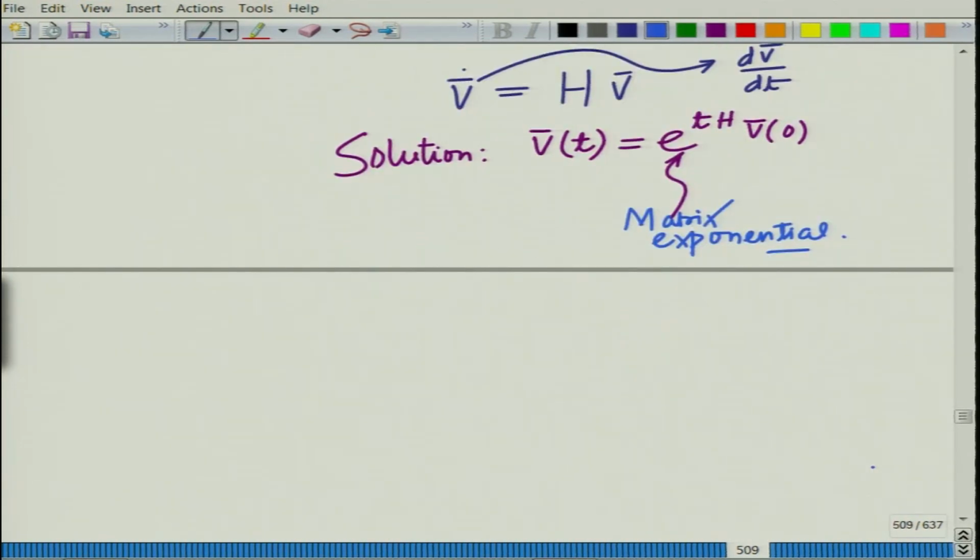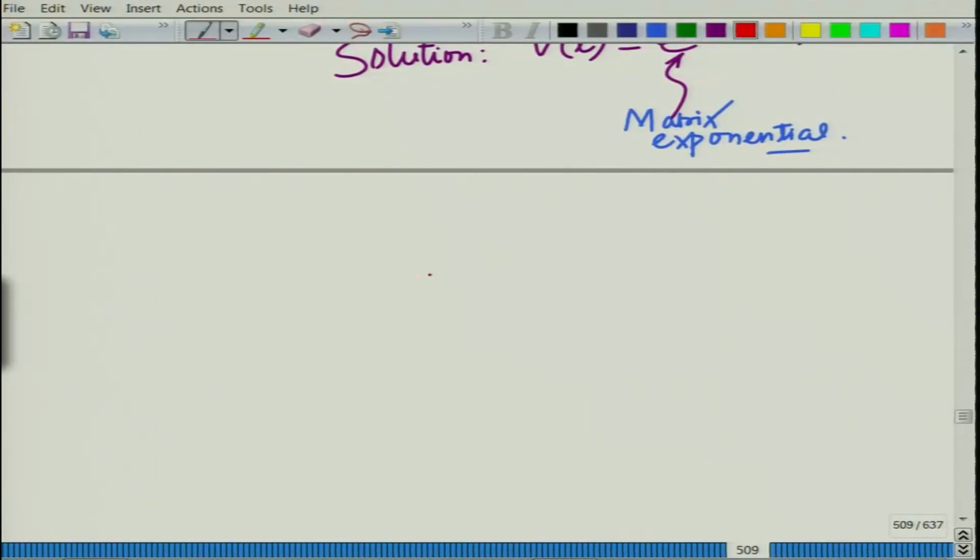Now, let us look at how you can derive further insights into this solution of the autonomous linear dynamical system using the eigenvalue decomposition. Let us start with the eigenvalue decomposition of this matrix H. So, we have H equals U lambda U inverse.